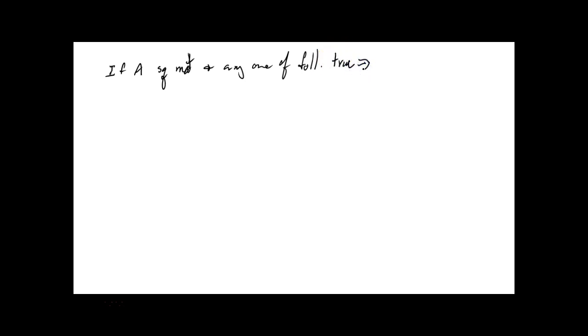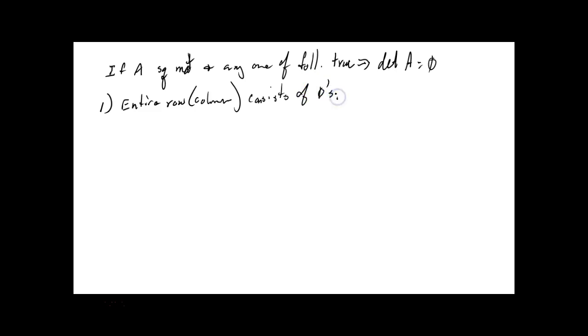Then the determinant of A is 0. Okay? If any one of these is true and it's a square matrix, an entire row or column consists of zeros. Okay, if a whole row or whole column is zeros, the determinant is 0. Gotta be, okay? Number 2, 2 rows or columns are equal.